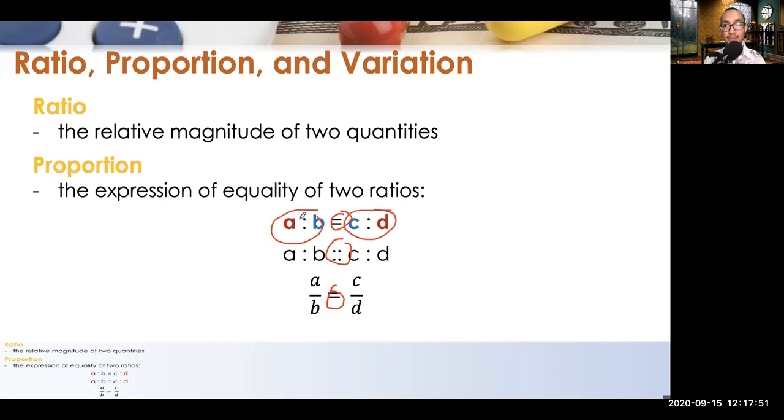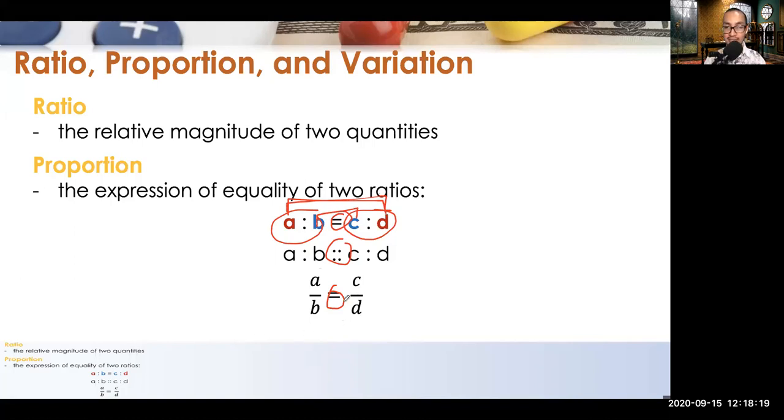Okay? Remember that those that are at the outermost portion of your proportion are called extremes, and those in the middle ay tinatawag nating means. Ayan. So extremes and means. Ngayon, take note na when you multiply your extremes, it should be the same as the product of your means.